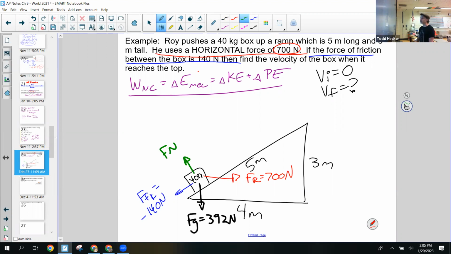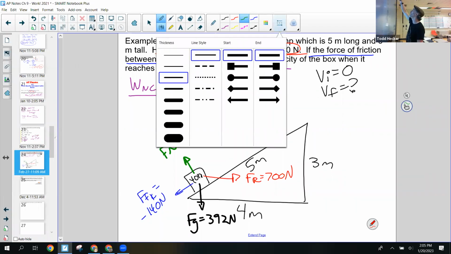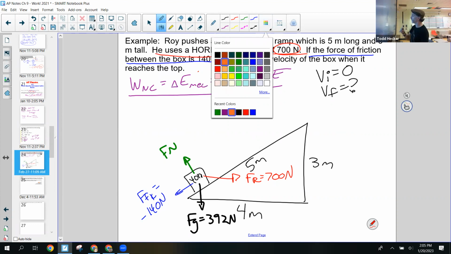Now, I could, if I wanted to, split all these forces up into components and calculate my normal force. But really, the only reason I would need the normal force is to find my friction. But we already know that because I gave you the force instead of the coefficient. All right, so I think the other thing that we probably need to point out here is, let's take a look at our displacement, because our displacement vector has 3 components.